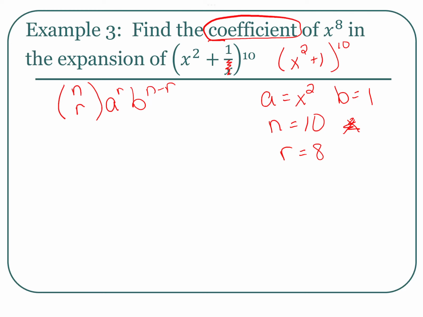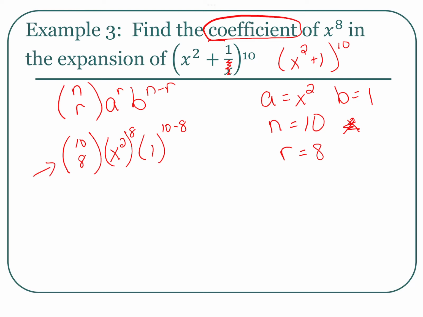Okay, so now looking at this, we have our n choose r, so 10 choose 8. Then I'm going to have x squared to the r, which is x squared to the 8th. Our b is 1 to the n minus r, which is 10 minus 8.